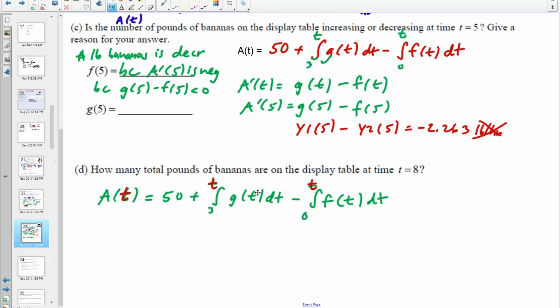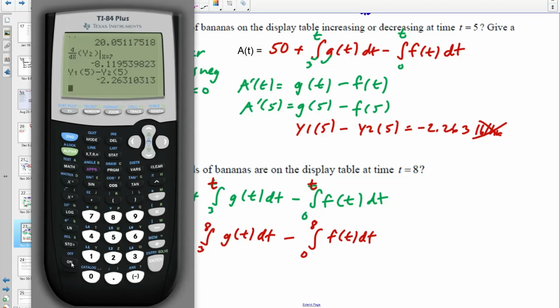Do not change these t's here to 8. These are the t's that need to be integrated before you plug in 8. So leave all the other t's alone. So I know A(8) will be equal to 50 plus the integral from 3 to 8 of g(t) dt minus the integral from 0 to 8 of f(t) dt. So we have a calculator.